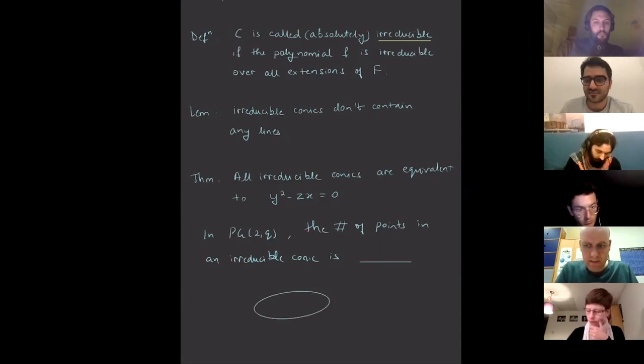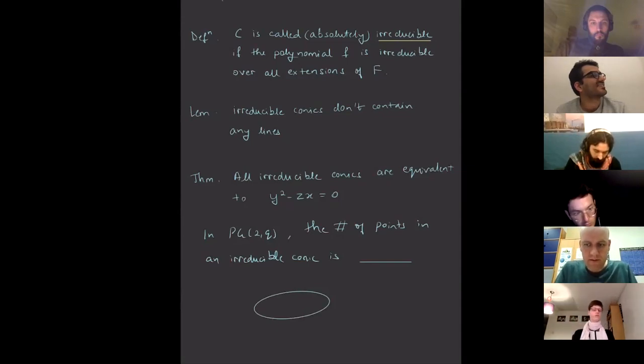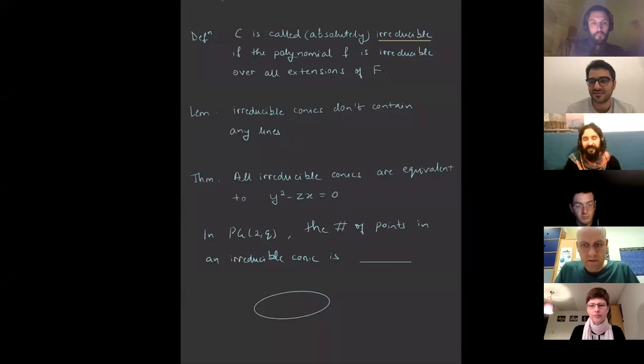Is it a coincidence that q plus 1 is the number of points on a projective line? Well, I think of it as that number, which is a circle, kind of. It's not a coincidence, I believe. Roughly, your hypersurfaces will have the same number of points as your hyperplane.